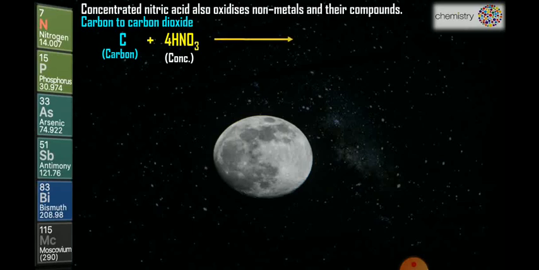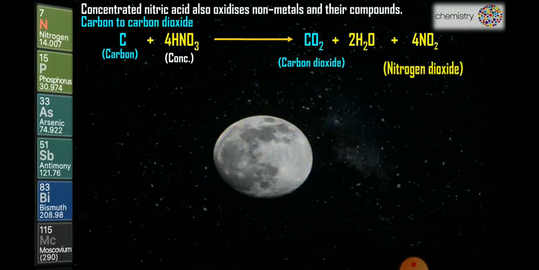Carbon, when reacted with concentrated nitric acid, undergoes oxidation into carbon dioxide along with the formation of byproduct water, 2H2O, plus nitrogen dioxide, 4NO2. The equation is C plus 4HNO3 gives CO2 plus 2H2O plus 4NO2.